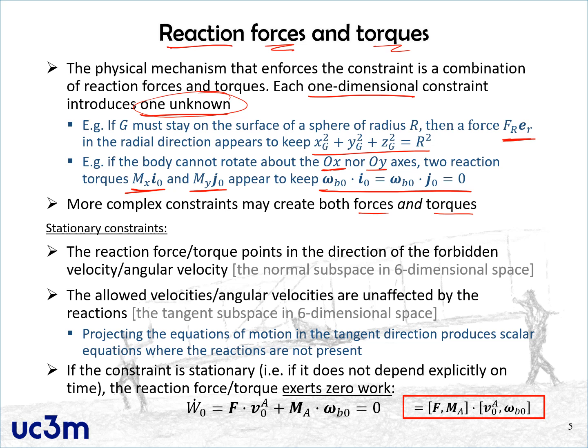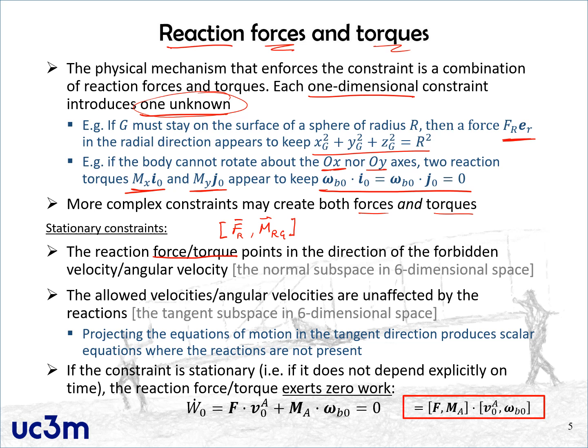In general, the force and torque that we have, we can think of that as two three-dimensional vectors that we can concatenate to form a six-dimensional vector. So something like this. This is our reaction force, and this is our reaction torque, for example, on the center of mass.